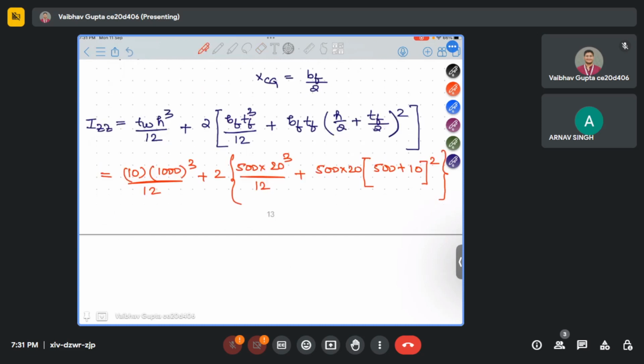After calculating this, we get 0.6036 into 10 to the power 10 mm to the power 4, because all things are in mm.